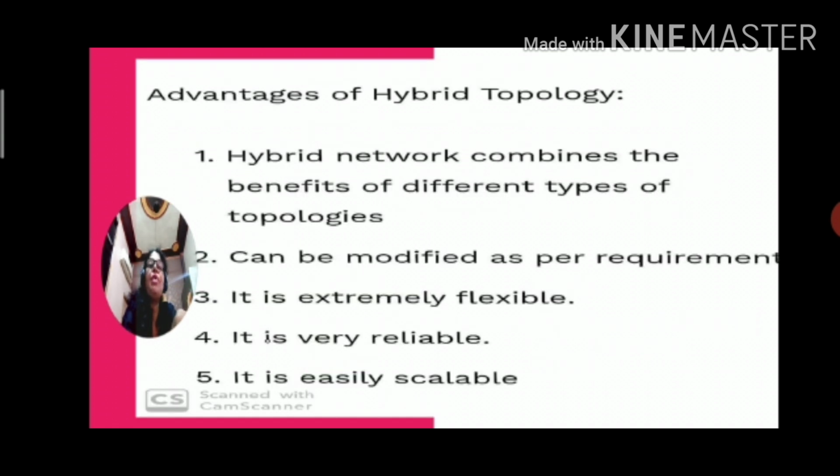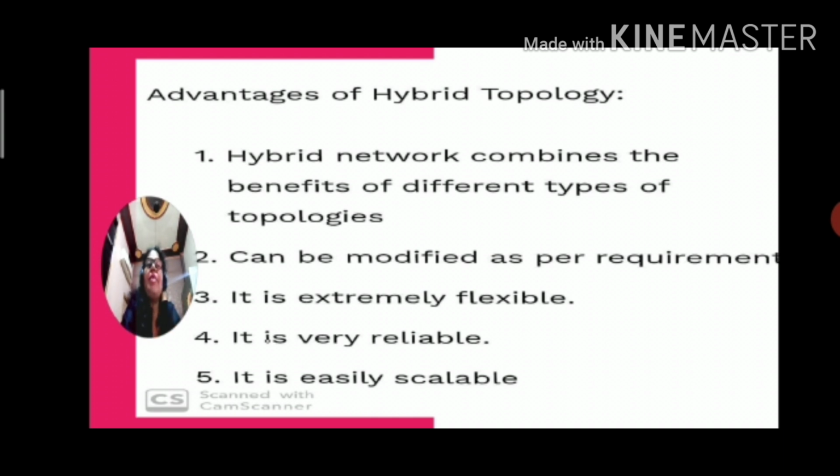Now we will read about the advantages of hybrid topology. A hybrid network combines the benefits of different types of topologies, because in this network topology, many types of topologies are there. It is made up of many other topologies. When different types of topologies come together, then a hybrid network is formed.